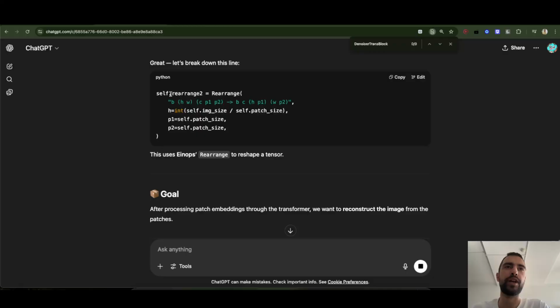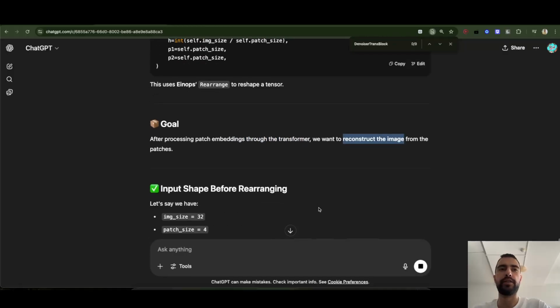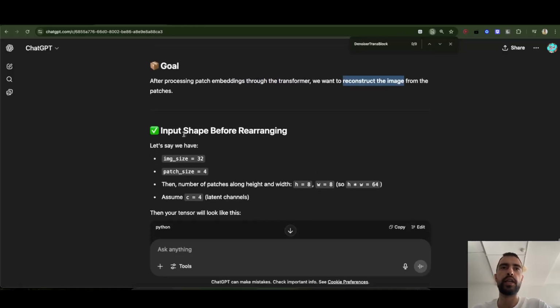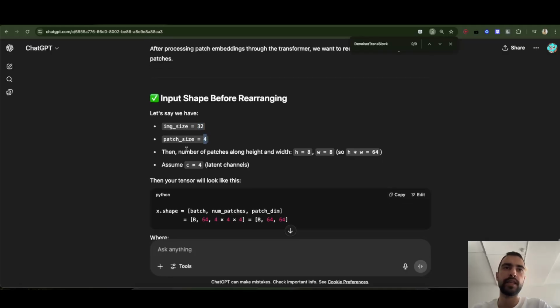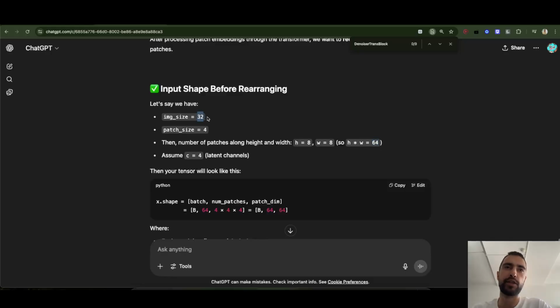So the goal of this rearrange 2 is, after processing patch embeddings through the transformer, we want to reconstruct the image from the patches. So the input shape before rearranging, let's say we have image size 32, patch size 4, so this is pixels, 4 pixels per patch. Then number of patches along height and width is 8, because so now it's height times width is 64 patches, because we divide 32 pixels by 4 pixels.